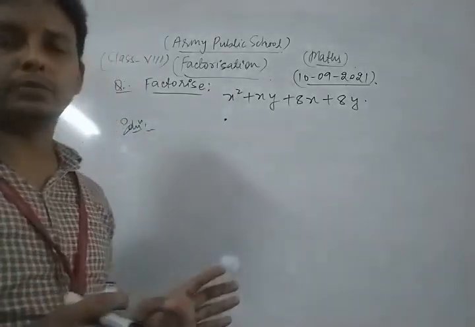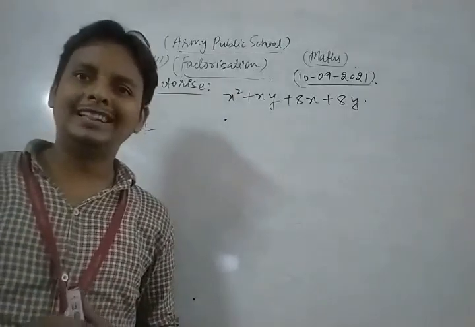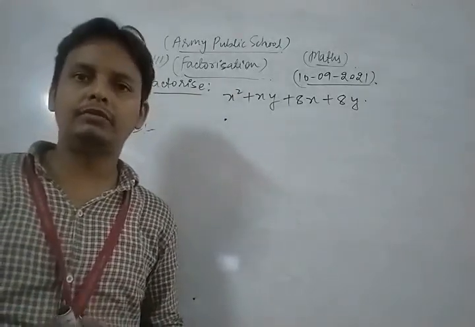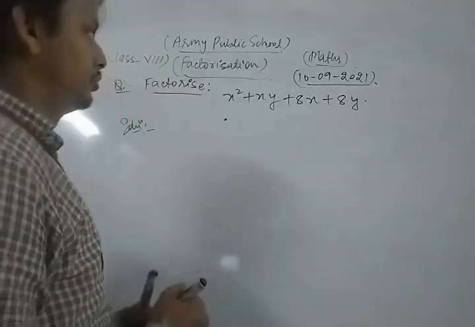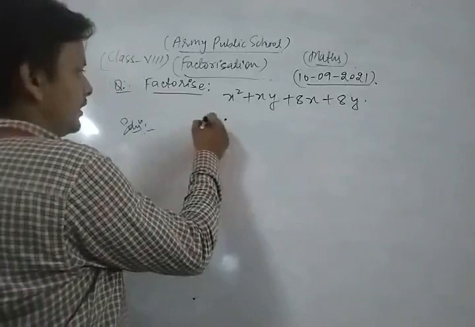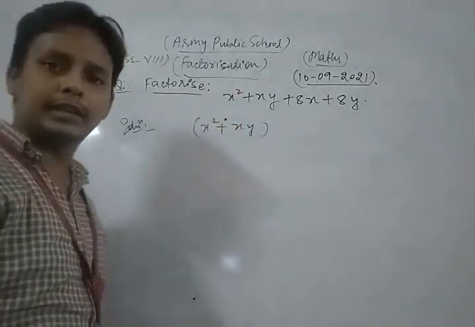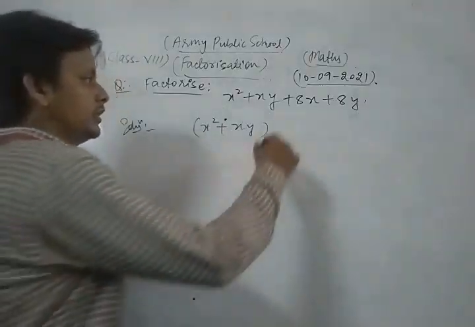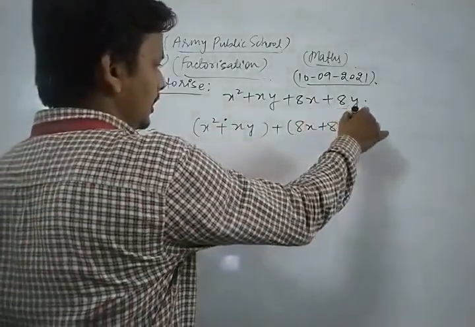In that type of question, if there is no common factor in all the terms, we form a grouping of two terms. So we take the first two terms, x square plus xy, together, and the last two terms, 8x plus 8y, together.